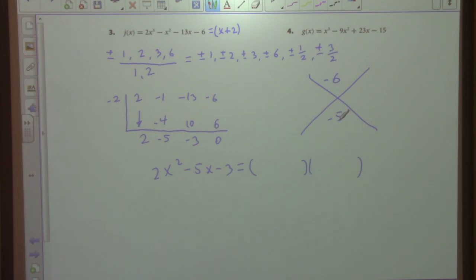Negative 3 and negative 2 would add to negative 5, but they won't multiply to negative 6. You have to have a negative number and a positive number.